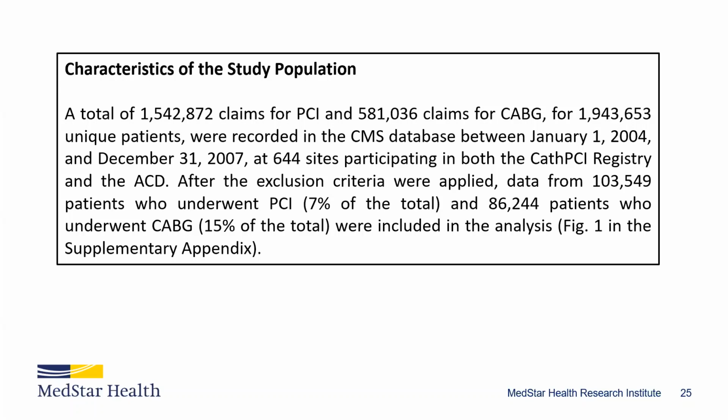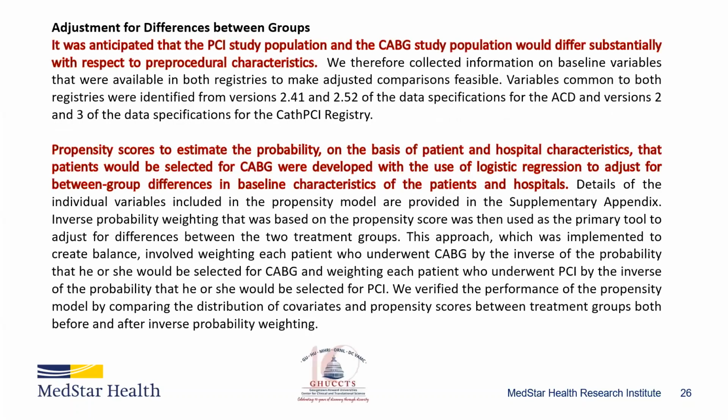So obviously there's going to be differences between the PCI and the CABG populations. And so a large amount of baseline variables were collected. But of course, there's always the problem here when you're wanting to compare outcomes from different databases. You may not always have the same variables available.